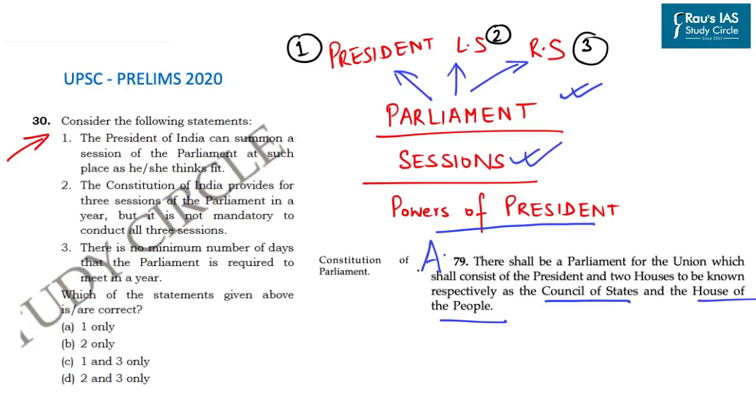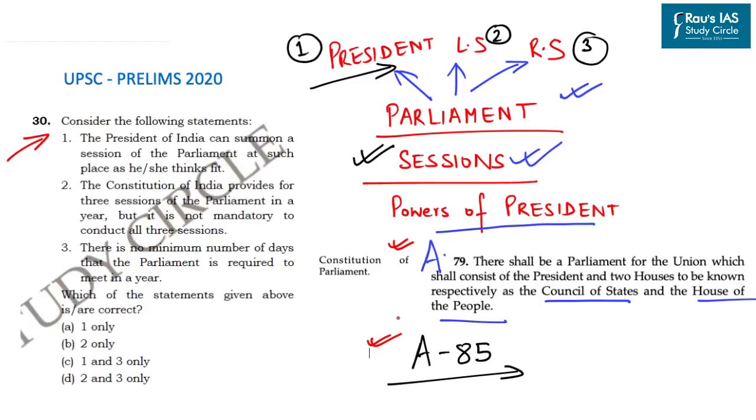And because of Article 79, the president gets power to summon the parliament or gets power to summon different sessions of the parliament. Now, regarding the sessions of parliament, you also need to be aware about Article 85. If you are thorough with the concept of Article 79 and 85, then solving this question would have become comparatively easier.